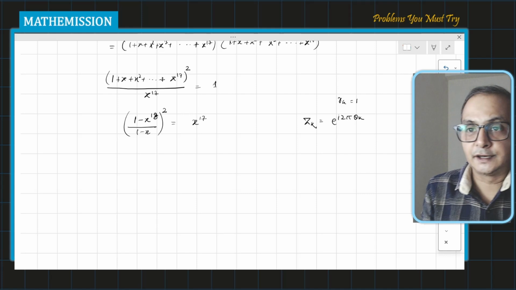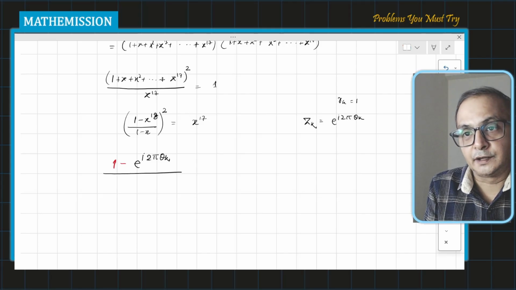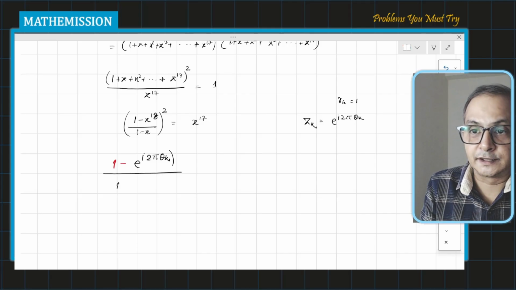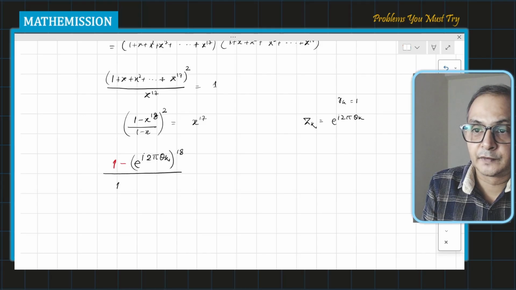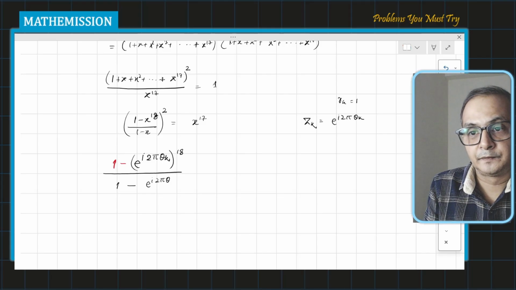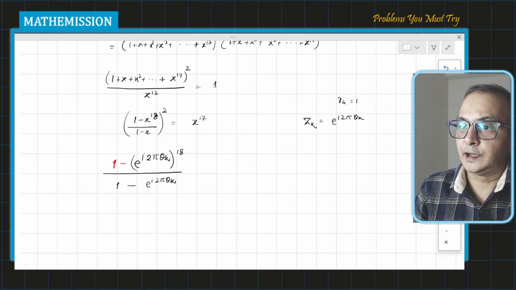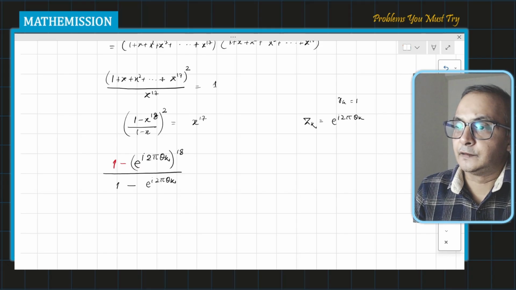How do we solve it? Let's see. I'm substituting x with e to the power i theta k, and divided by, by the way, this is 18 there, 1 minus e to the power i theta k. Not 2 pi theta k, why have I made a mistake here?